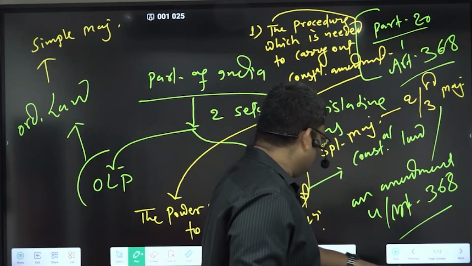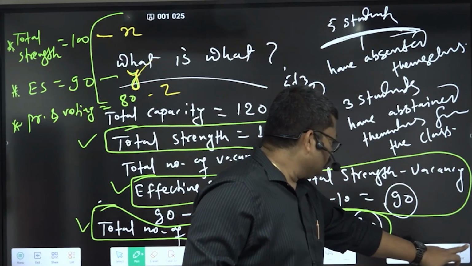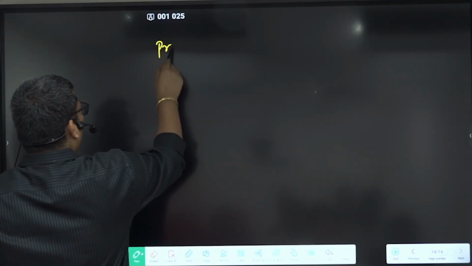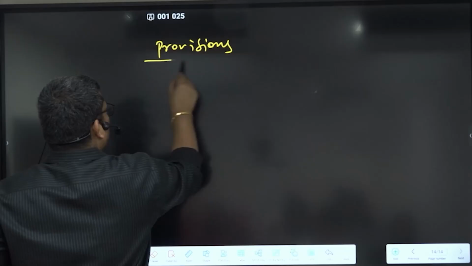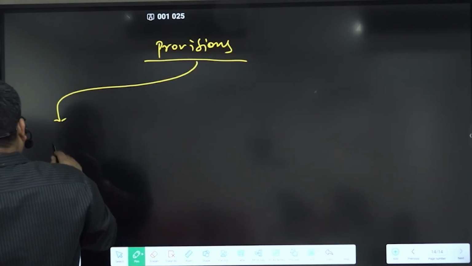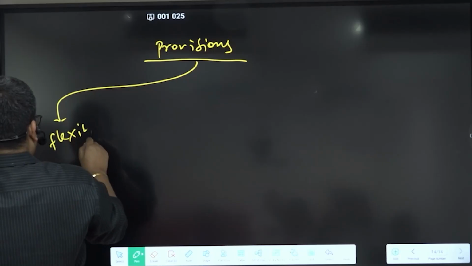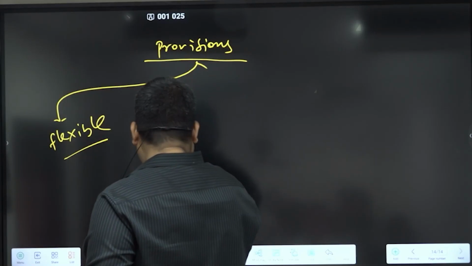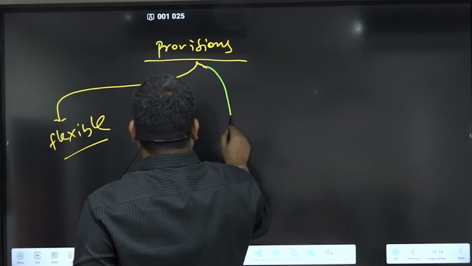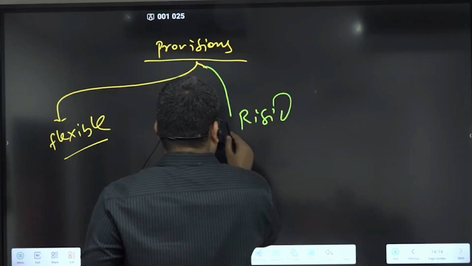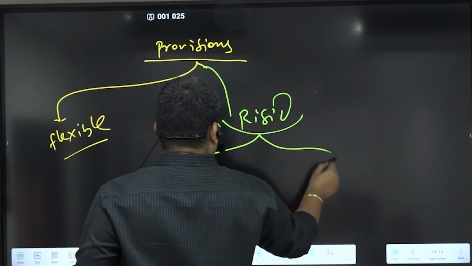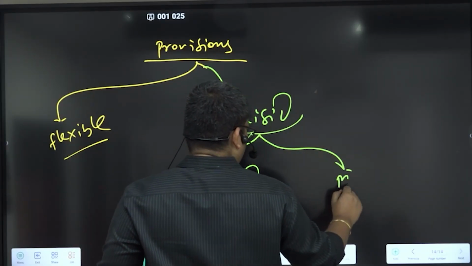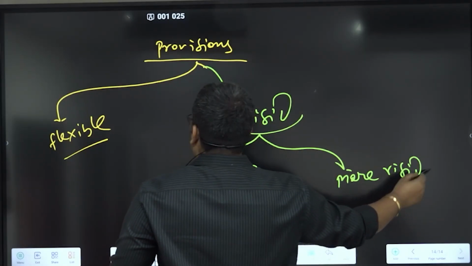So, look, constitutional provisions: flexible; constitutional provisions: rigid, but they are further categorized into less rigid and more rigid.